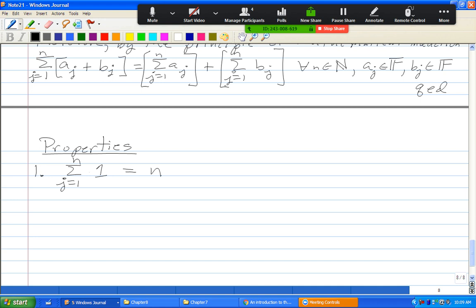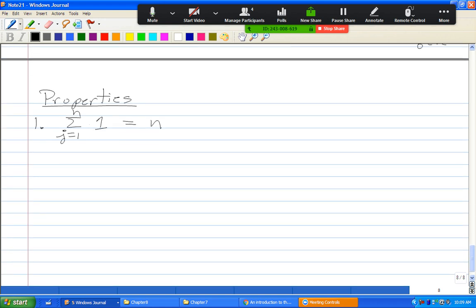If you add up 1 n times, you get n, which is the first property we showed, except we showed it more generally if the constant was c.